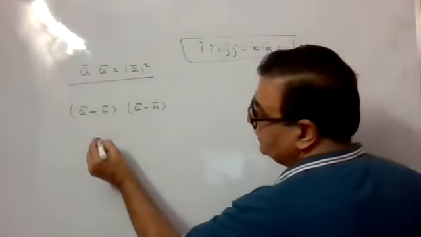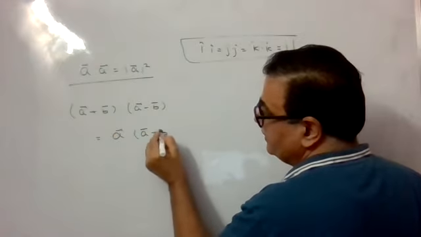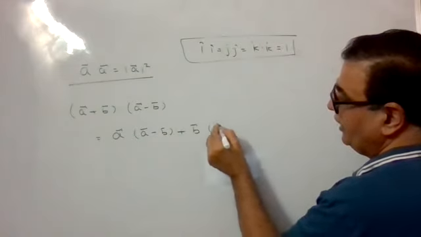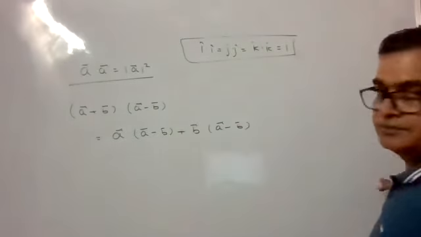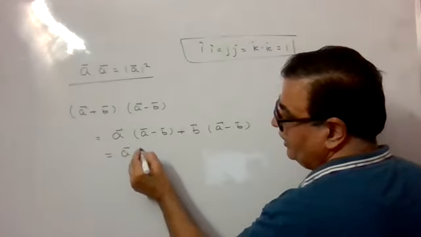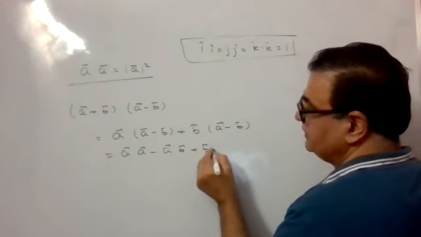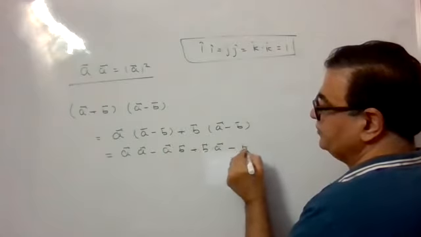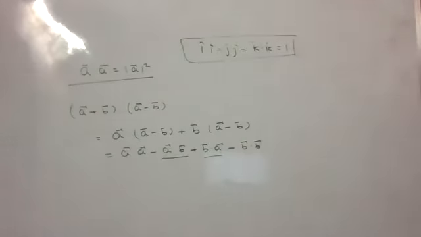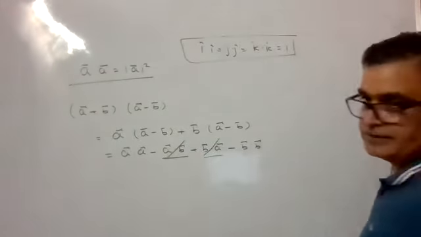So what I should write here in this case, we should write A dot A minus B plus, second time, B dot A minus B. And now when you solve it, it will come A dot A minus A dot B plus B dot A minus B dot B. A dot B and B dot A are equal and one is plus, another is minus, so we just cancel this.